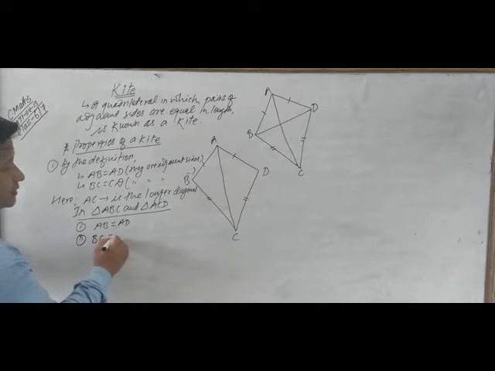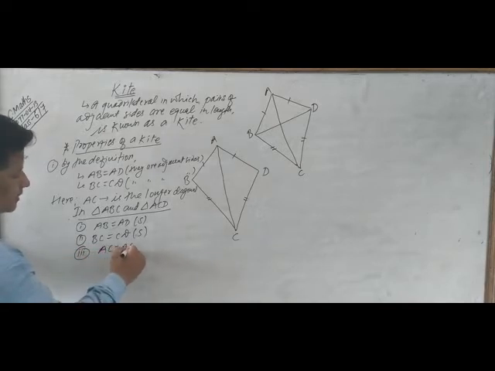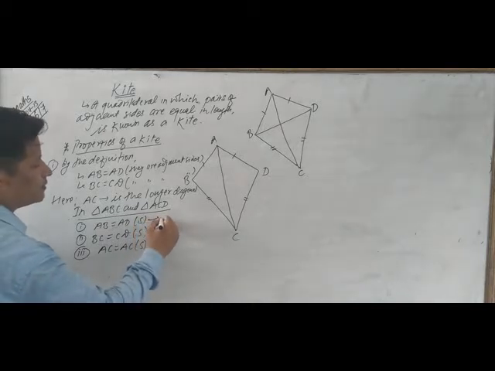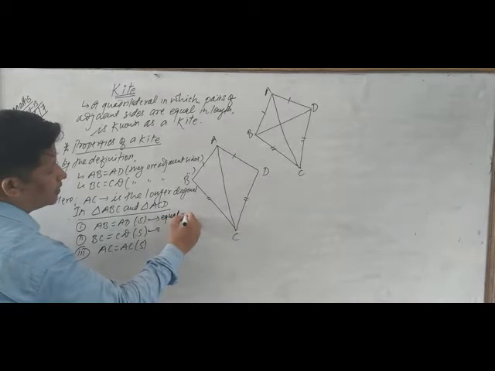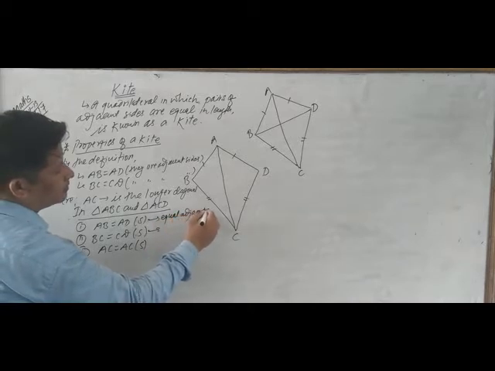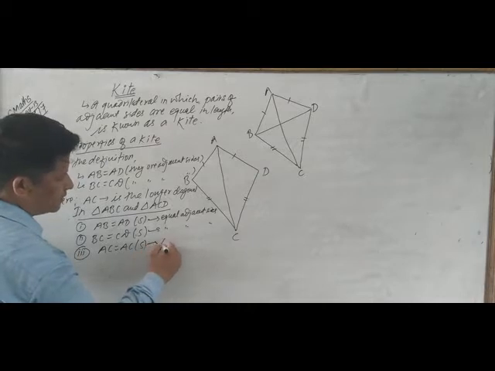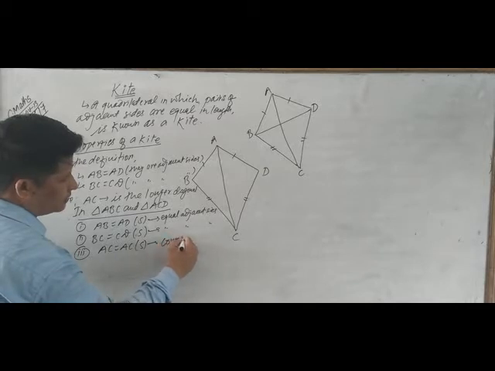Second, BC and CD are equal, they are sides. And third, AC and AC, they are common sides. Equal adjacent sides and common sides.